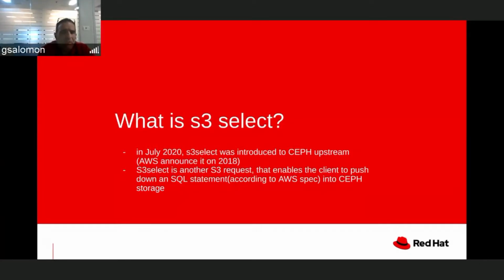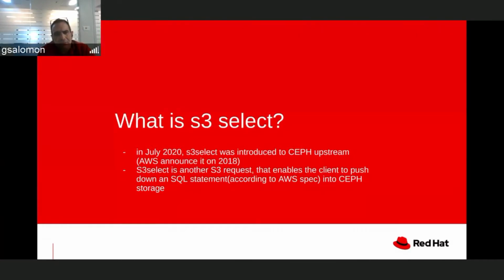In July 2020, S3select was introduced to the Ceph upstream. AWS announced that about 2 years before that, in 2018. S3select is another S3 request. It enables the client to push down an SQL statement into the Ceph storage.